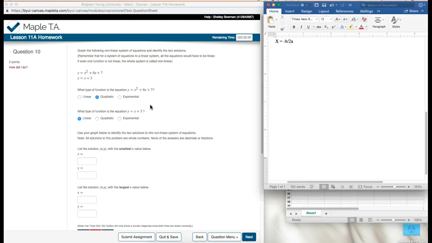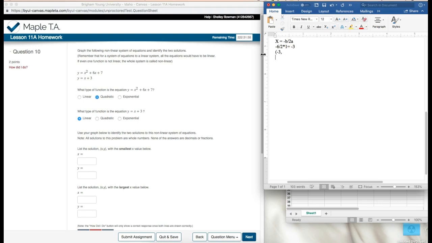So now I need to look over at this equation here, and it goes a, b, c in standard form, so b is 6, so that is negative b, or negative 6, divided by 2 times a, and a is the coefficient in front of the x squared. Since there's nothing here, that means it's a 1. So we have negative 6 divided by 2 times 1. 2 times 1 is 2, so negative 6 divided by 2 equals negative 3. And that's the x-coordinate of our vertex.